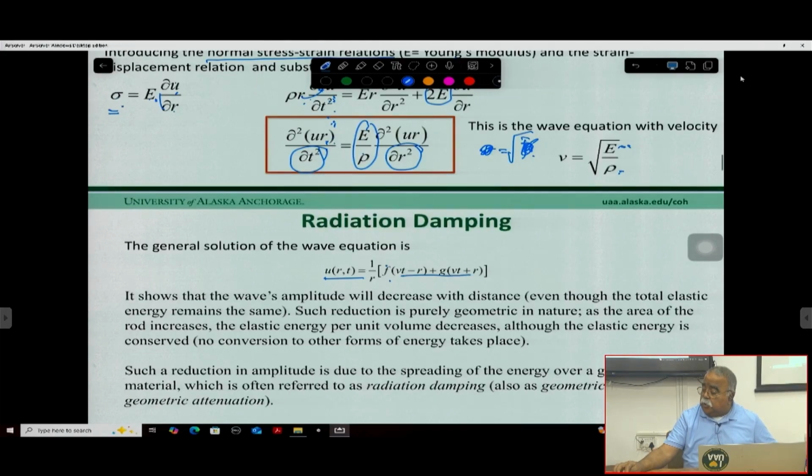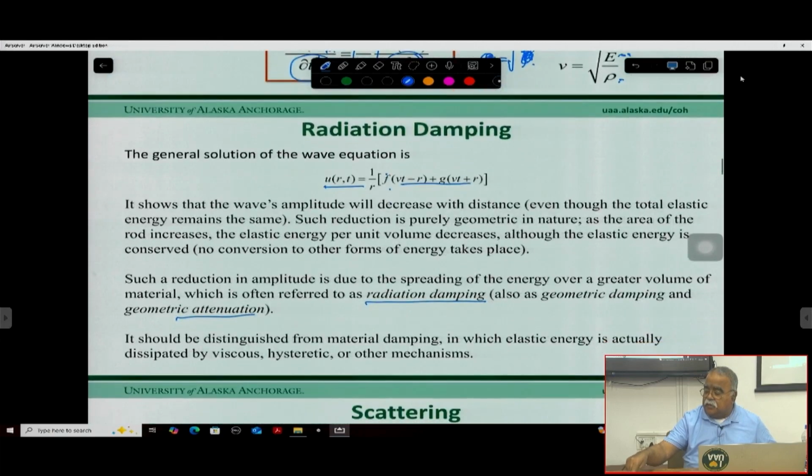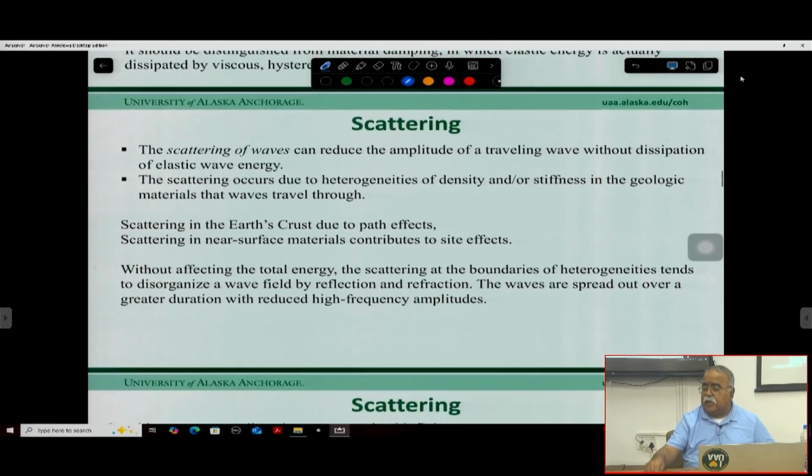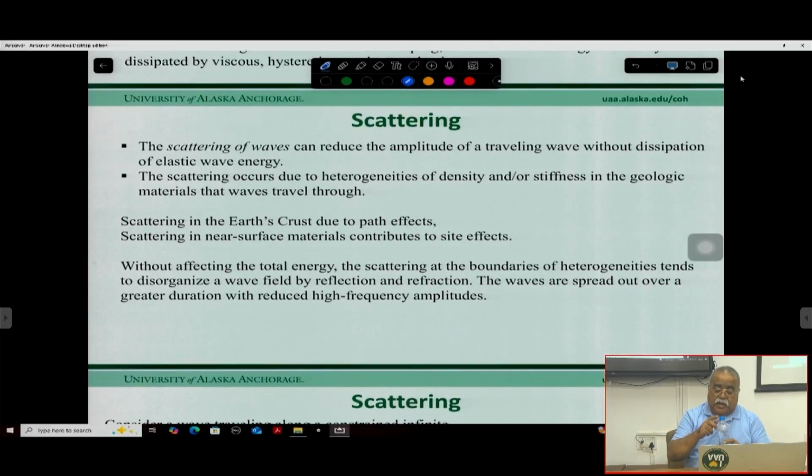Okay, so this is what is called radiation damping due to the solid part of the soil, and then there is a viscous part, a viscosity in the solid, that we also need to take care of. Now, in addition to the damping by material damping or viscous damping, the elastic damping, there is a radiation damping which is due to the spreading.